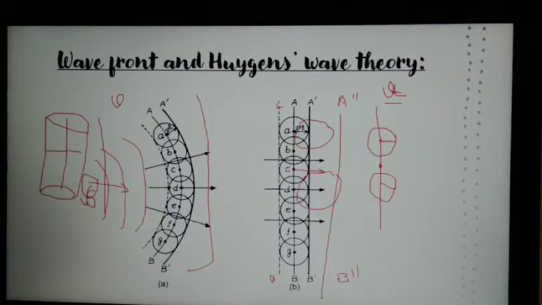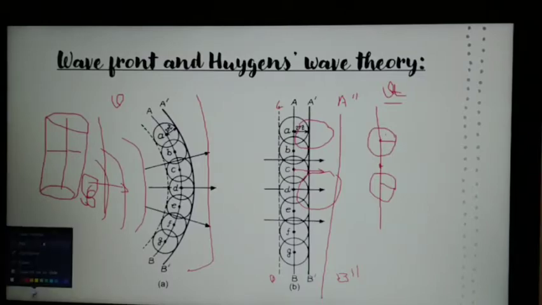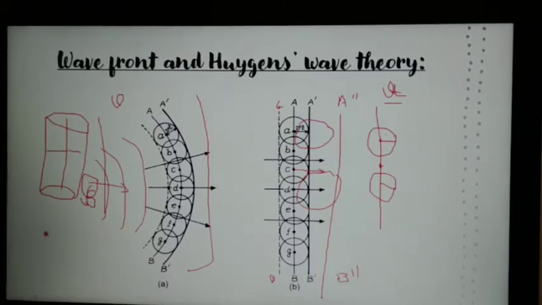So we are taking a plane wavefront as the example, and using a plane wavefront we are describing reflection and refraction. So we can move on to reflection of light using the Huygens wave theory.